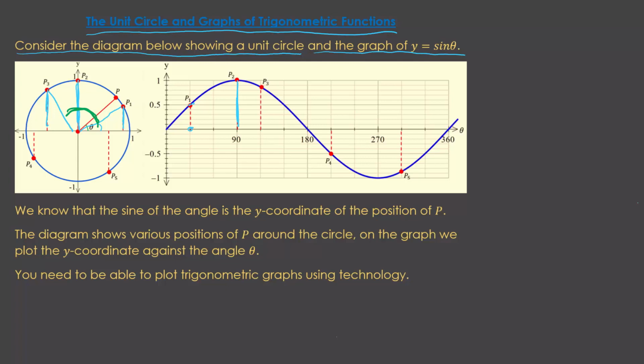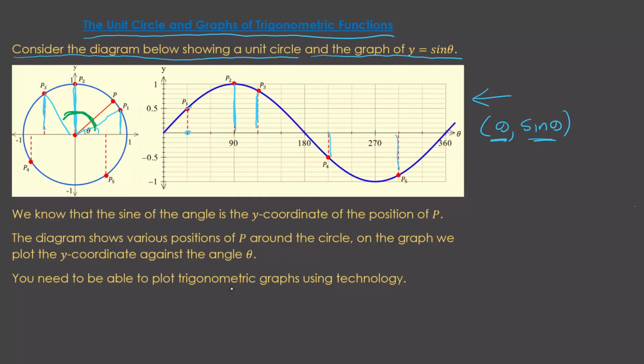And then we plot the y-coordinate, so we get this point here. And that's how we build up the graph. What we're plotting here is theta against sine theta. So every point on here has coordinates theta, sine theta. We know that the sine of the angle is the y-coordinate of the position of P.